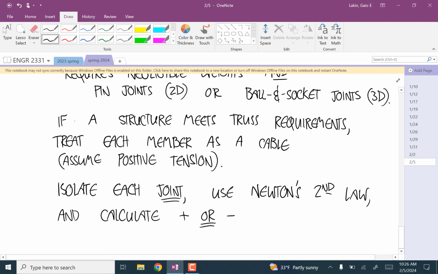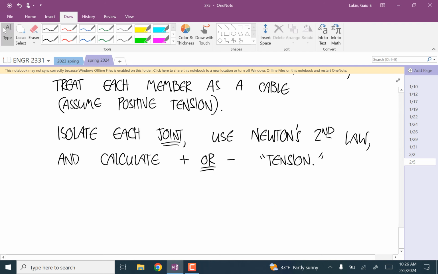A cable obviously can't support compression, but a member in a truss can. So calculate the positive or negative tension. Negative tension is compression.